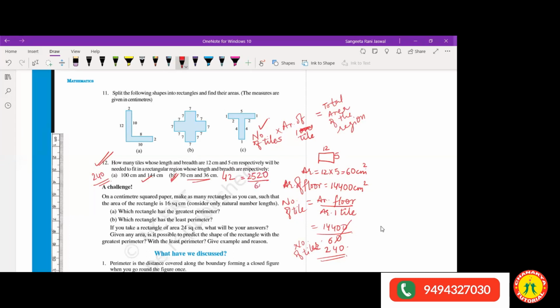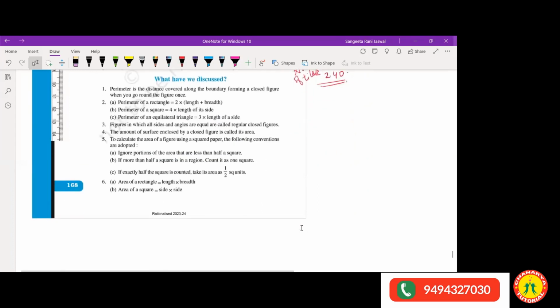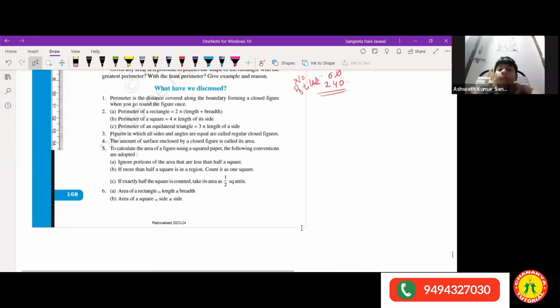Divide by 60, centimeter square and this is also centimeter square. So you got 42 tiles required. Okay everyone, I hope all have understood this. Any doubts in this? No, ma'am.